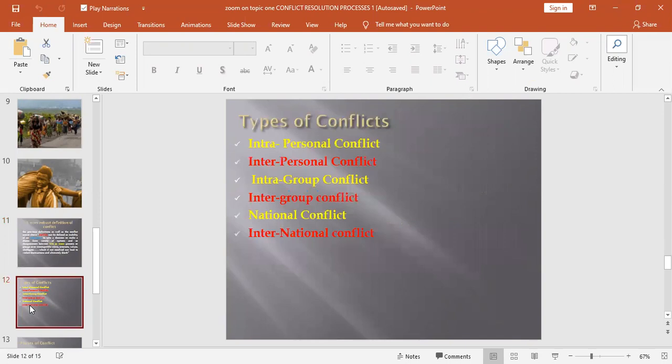So now our second objective for this lesson is types of conflict. We have six types of conflict, and the first one is intrapersonal conflict. The intrapersonal conflict, as I've explained earlier, is the conflict affecting an individual, and it's also known as a dilemma. It leads to a lot of consequences, like people losing their minds, they are confused.